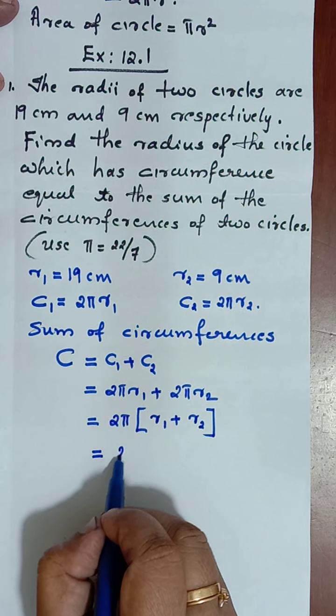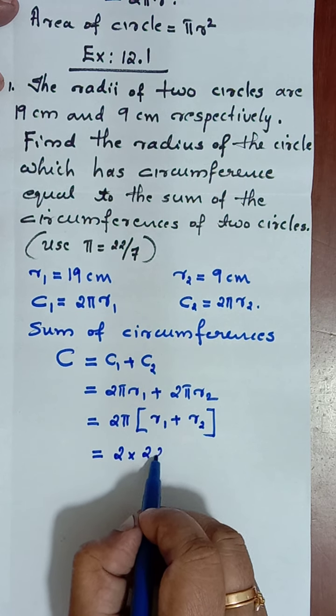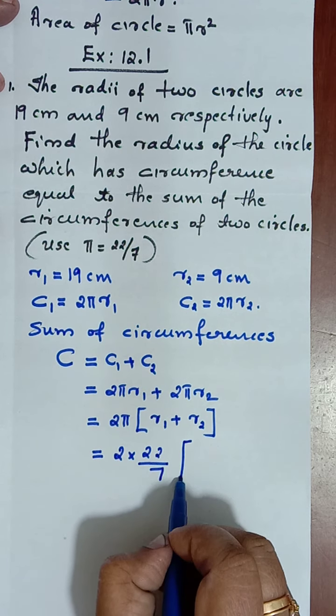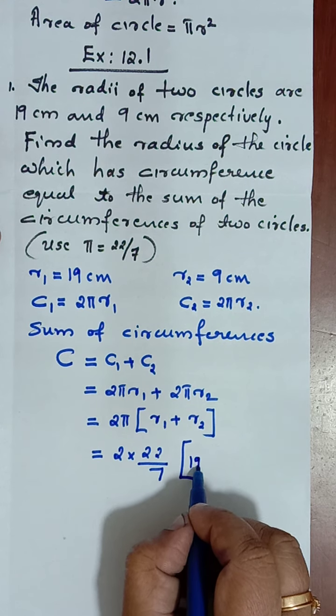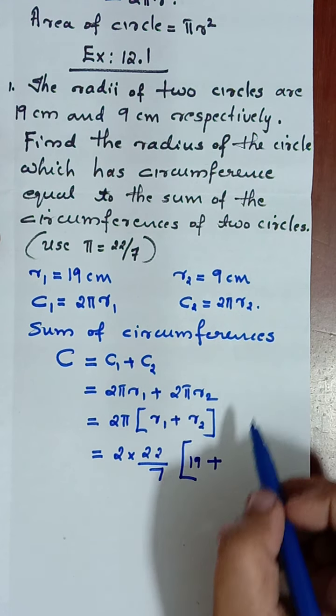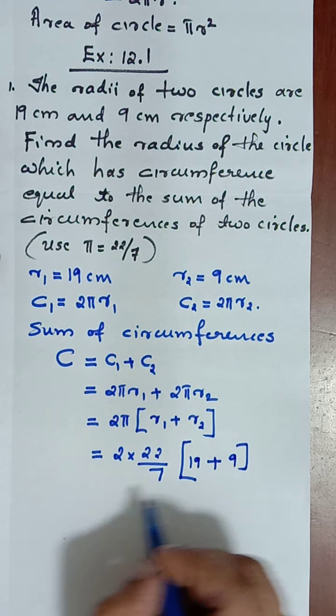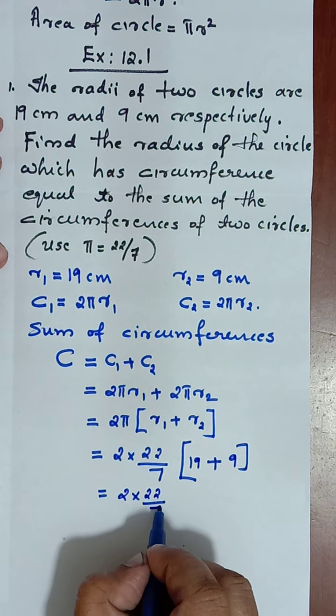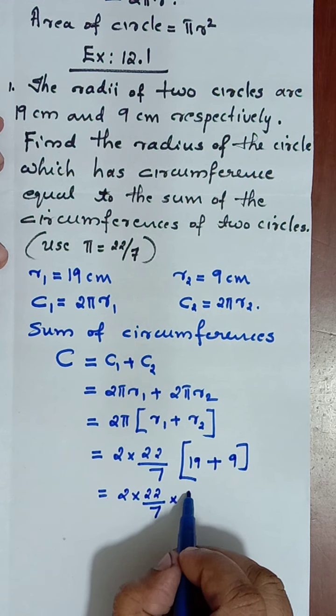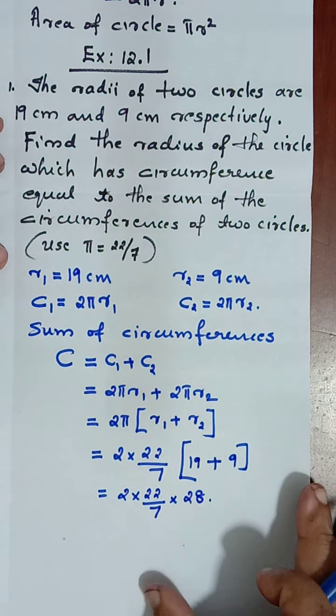Pi value we can substitute, it is given 2 into 22/7 into R1 we have written 19 centimeter plus R2 it is 9 centimeter. So 2 into 22/7 into 19 plus 9 is 28.